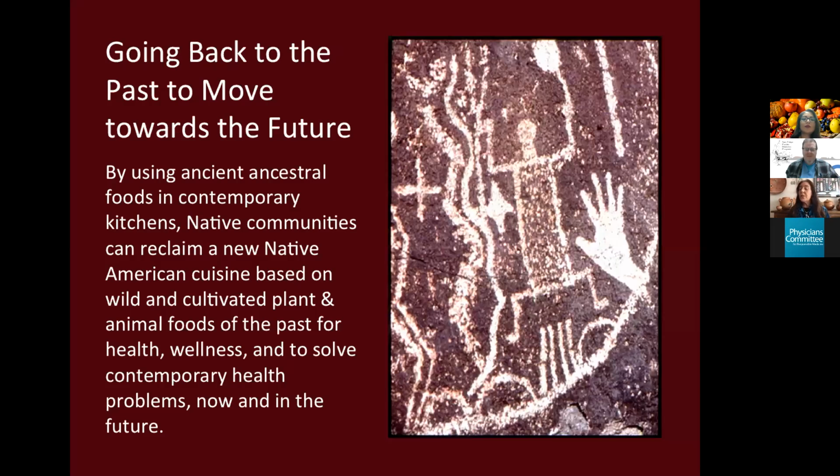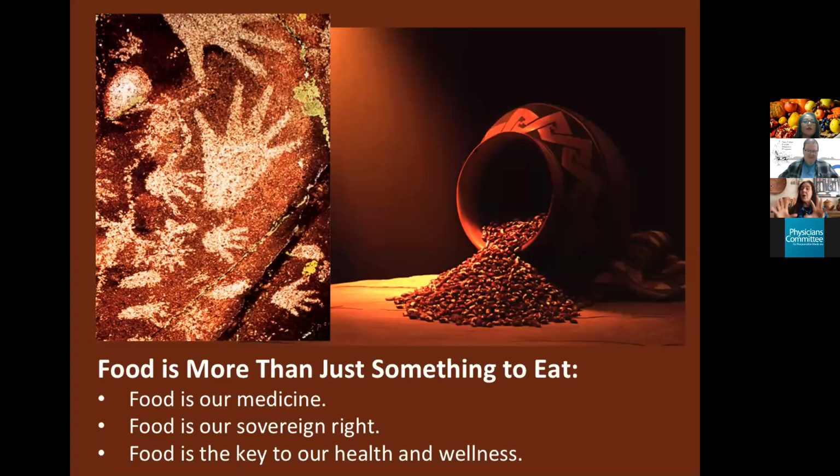So in order to understand the history of Native American cuisine, I call this going back to the past to move forward to the future. And so how did our history, how did our futures get passed on? Well, all Native Americans have oral tradition, and these oral traditions are how our ancestors passed on information. And food is more than just something to eat.